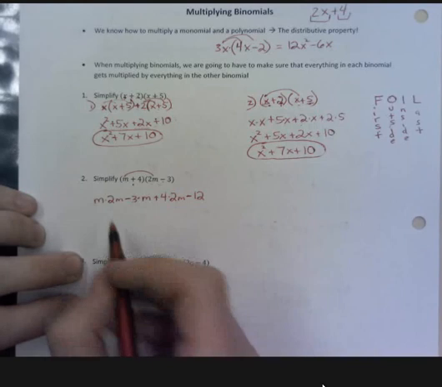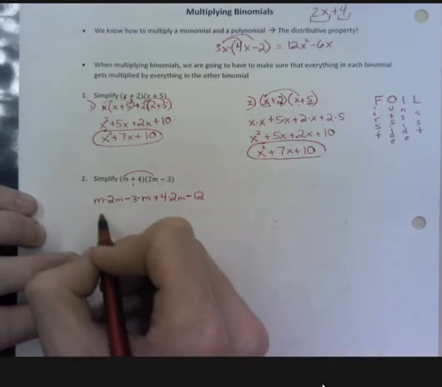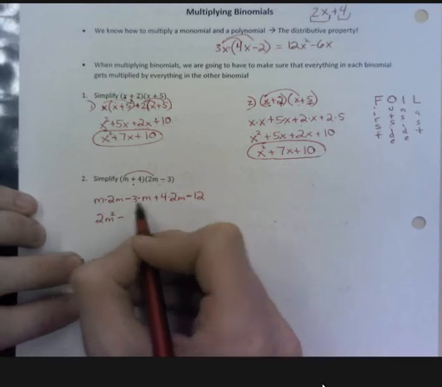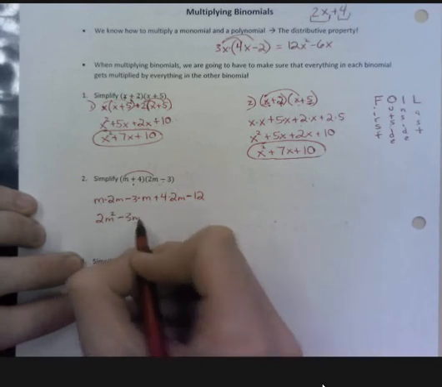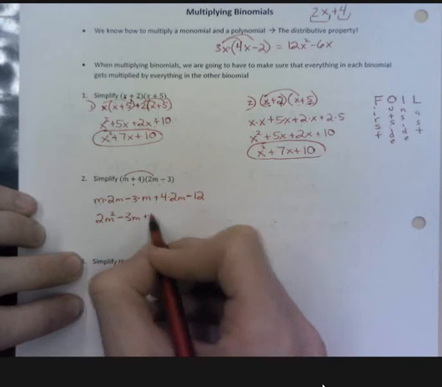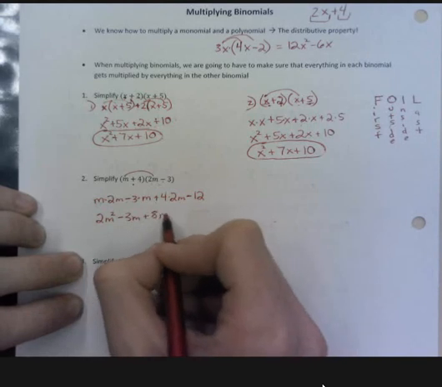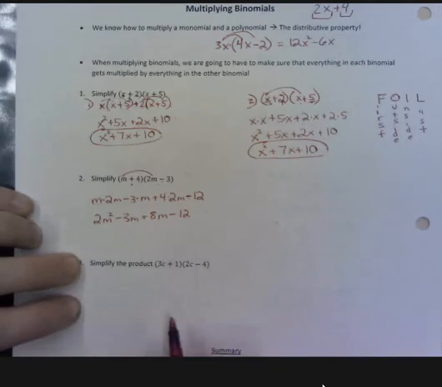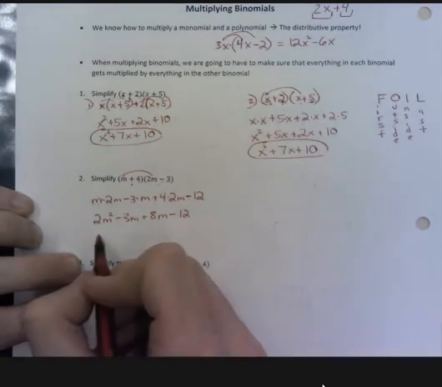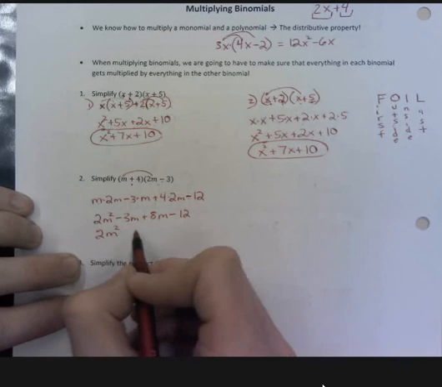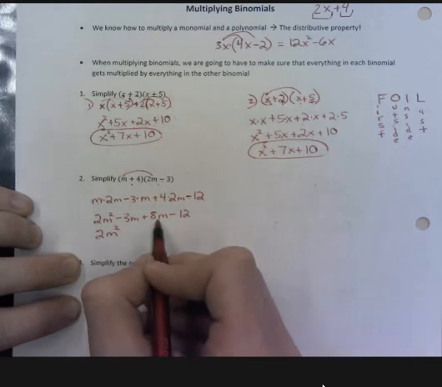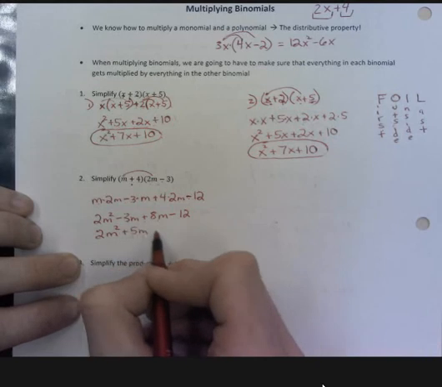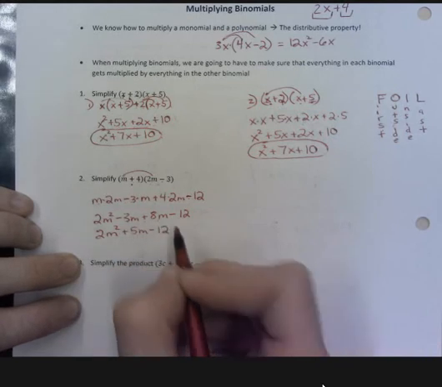Now let's just simplify. m times 2m is 2m squared, minus 3 times m, plus 4 times 2m is 8m, minus 12. Can I do anything else? The answer is yes. Let's combine our like terms. Negative 3m plus 8m is going to give me a positive 5m. And then I have minus 12.